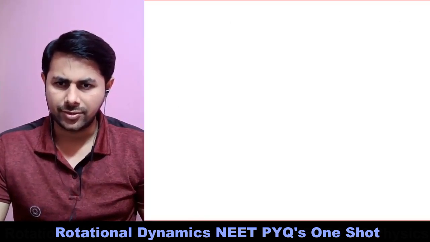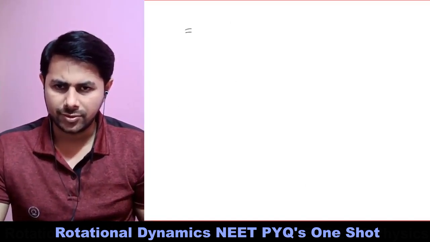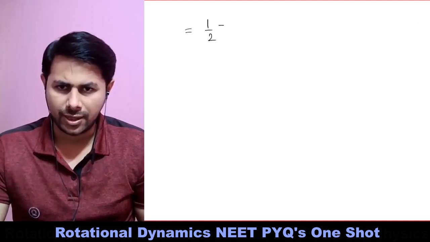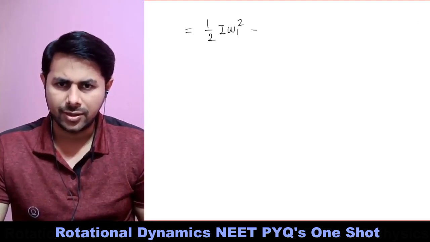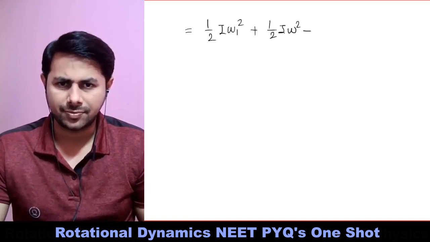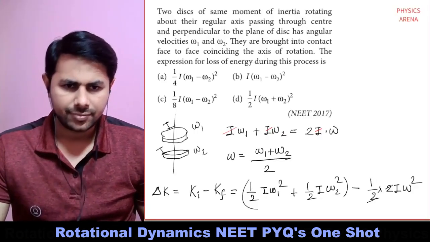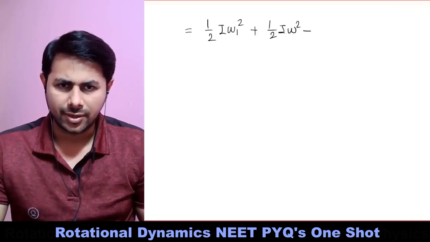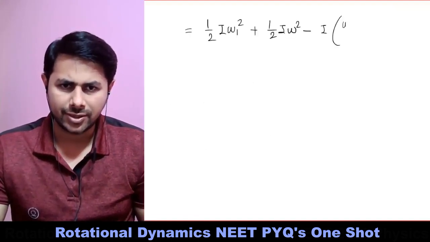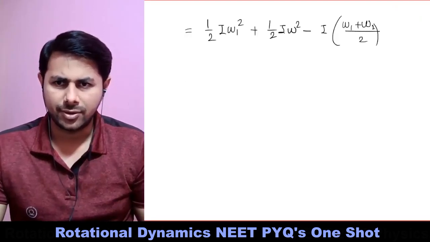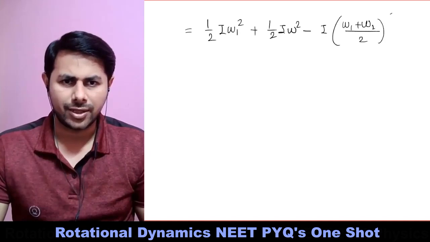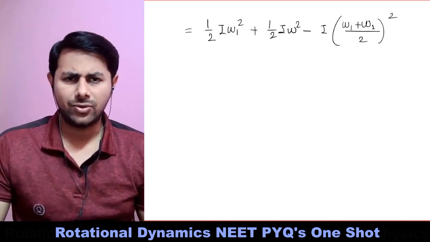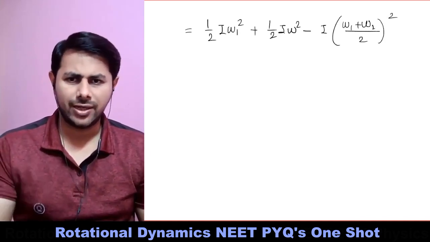So this is equal to half of I omega 1 square plus half of I omega 2 square minus I multiplied by omega square, which is omega 1 plus omega 2 divided by 2 whole square. Okay, so now let's square this.